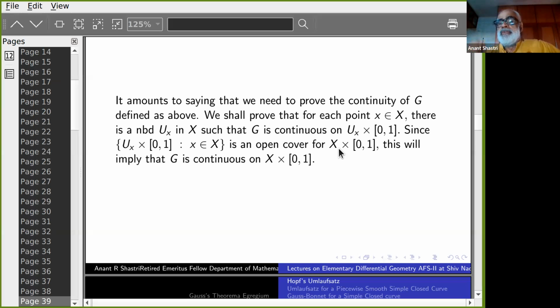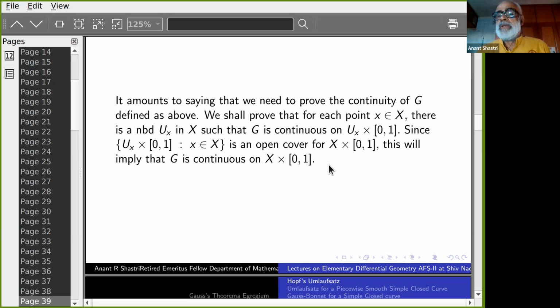You see, at each point it is continuous, that we know. But now suppose I can show that in a neighborhood of that point, cross [0,1], it is continuous. Then automatically g will be continuous, because as x varies, these U_x cross [0,1] will be an open cover for X cross [0,1]. For an open cover, if the function restricted to each member of the open cover is continuous, the function is continuous.